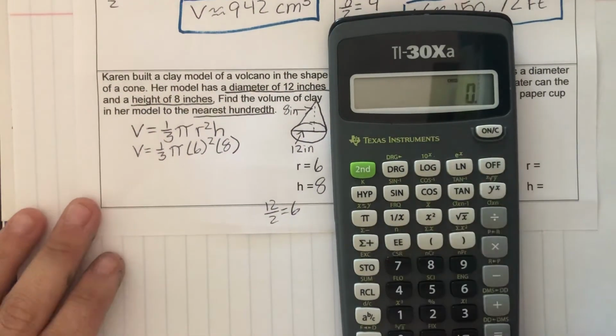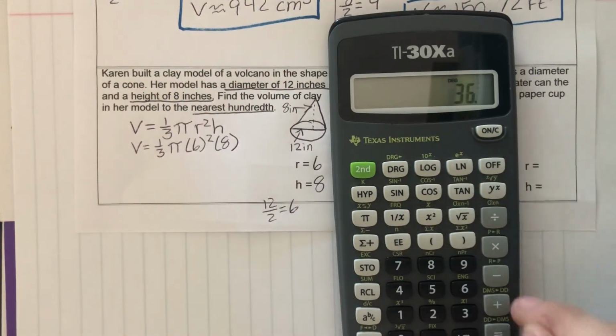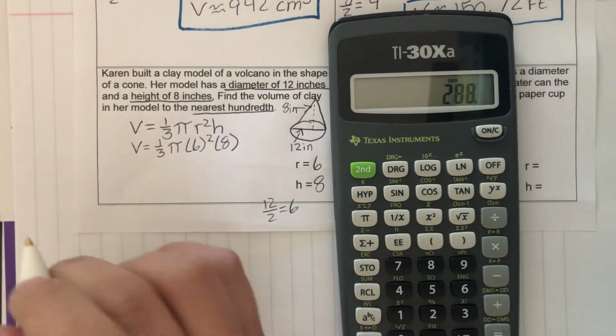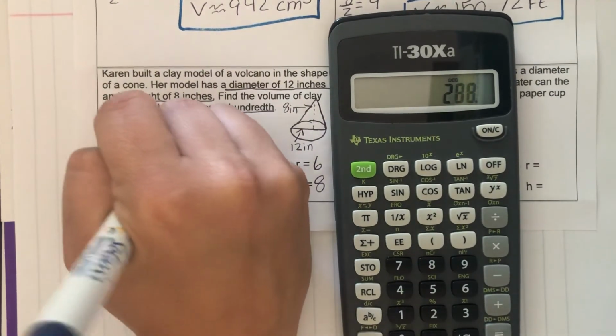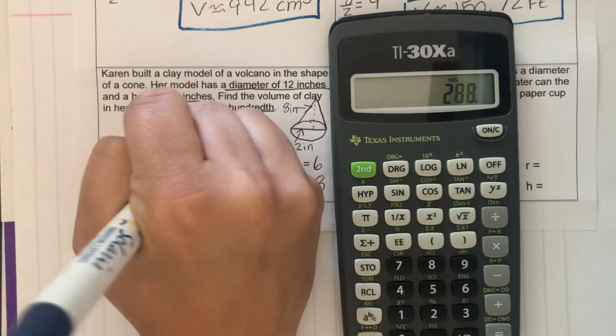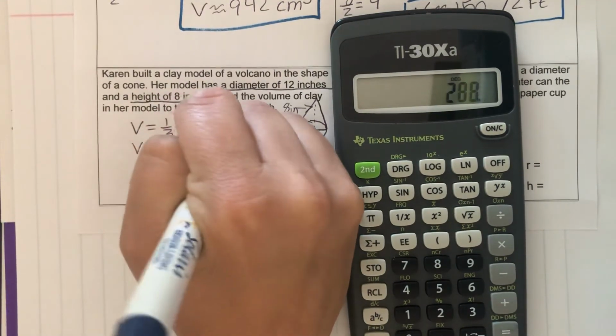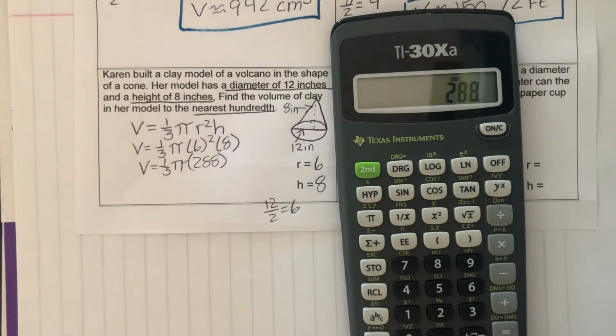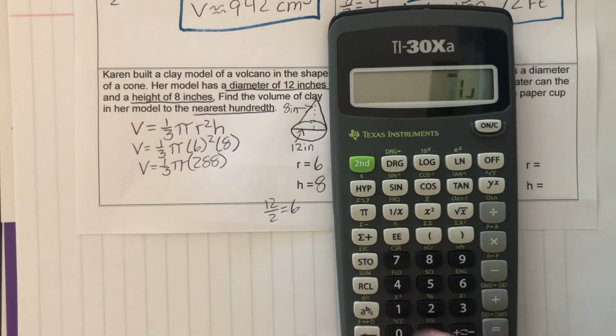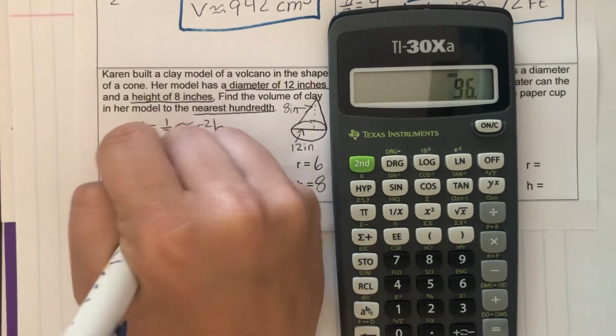Use your calculator to solve for the rest. 6 squared times the height, which is 8, gives us 288. Gonna multiply that by 1/3, so times 1/3 gives us 96.